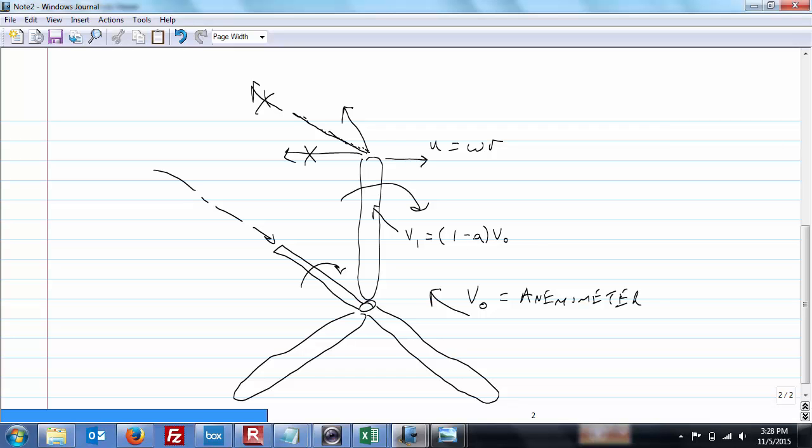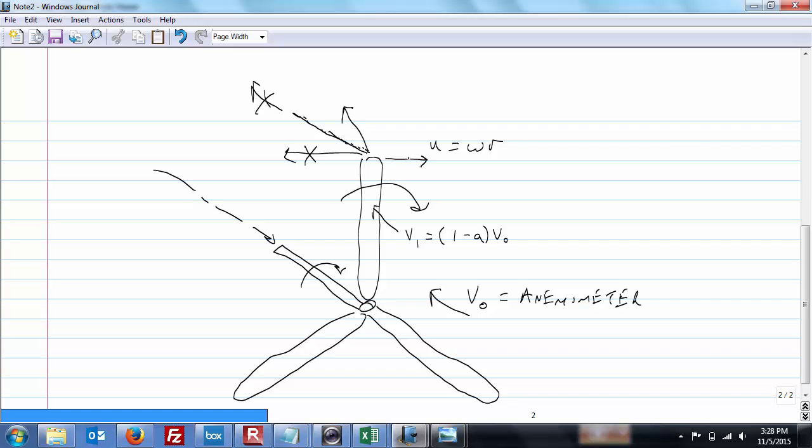So if A equaled 0, V1, or the velocity of the wind at the blade, would just equal whatever the velocity was in the rest of the wind. But the fact that the blade is there is slowing the wind down. So it's going to be some number less than 1, obviously not 0. So that little alpha, that little A factor, is what's slowing the wind down more or less.